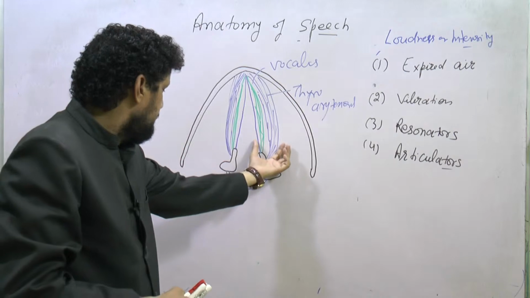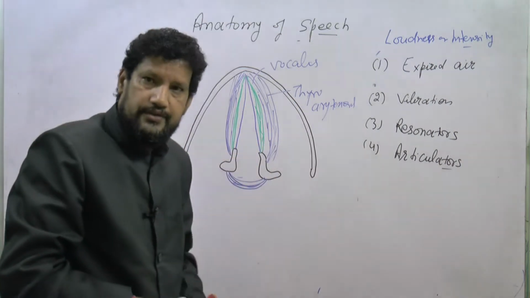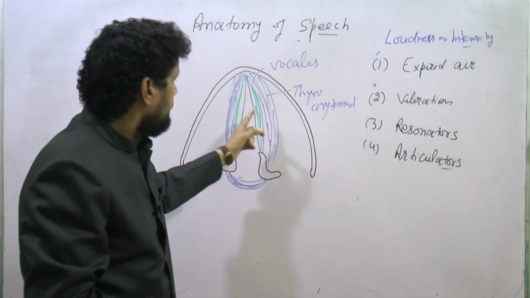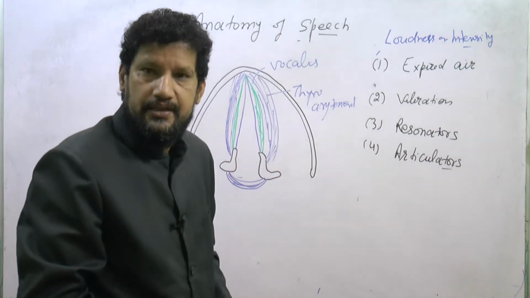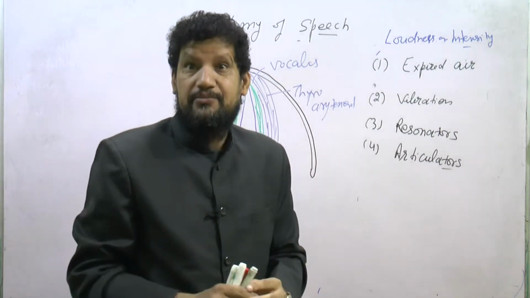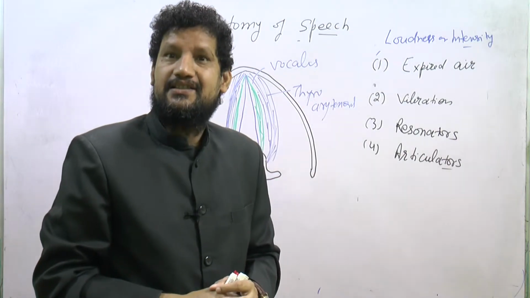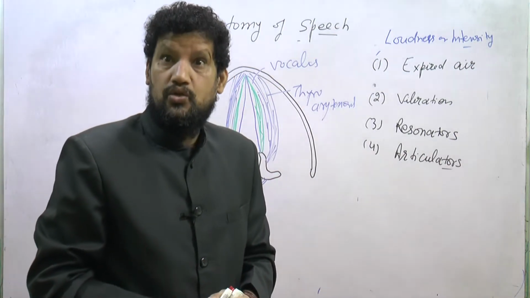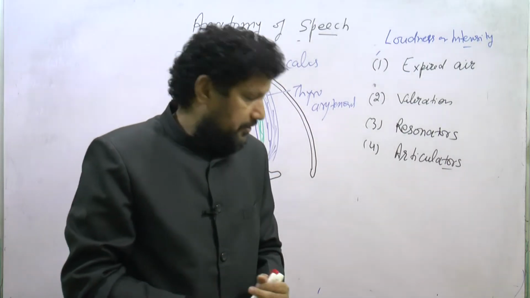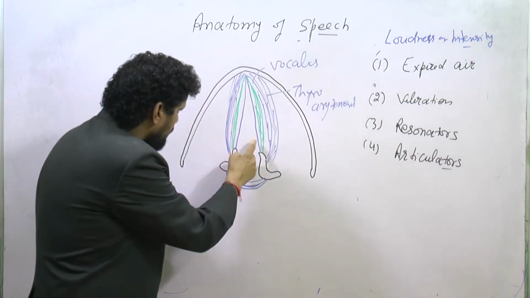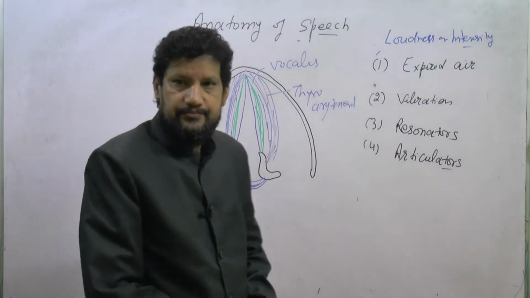So here we can see the fold. How is the fold formed? It is covered by the mucous membrane, and the mucous membrane of this part only in the laryngeal cavity is stratified squamous non-keratinized mucosa, because it is subject to abrasive injury.